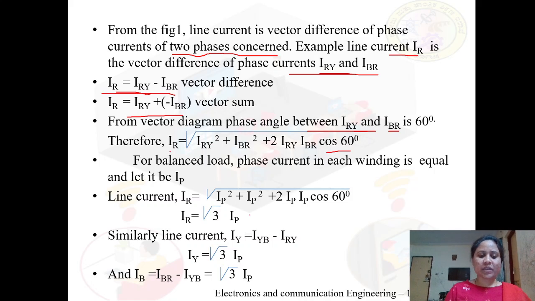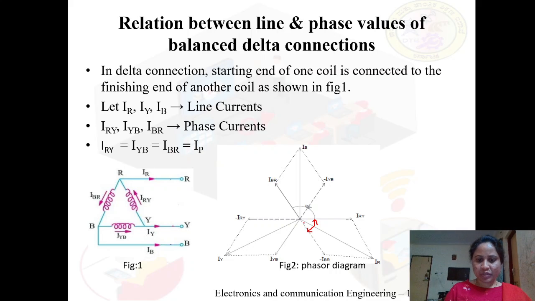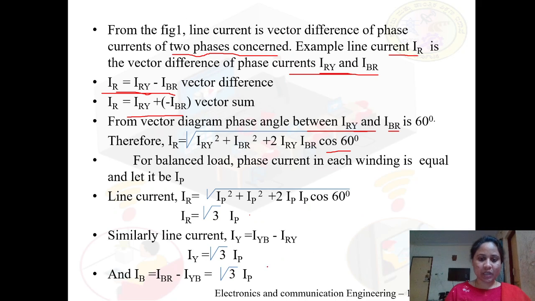I repeat, according to the vector addition rule, the resultant vector IR is the square root of IRY square plus IBR square plus 2 times IRY IBR cos 60. So we have written it in this way.